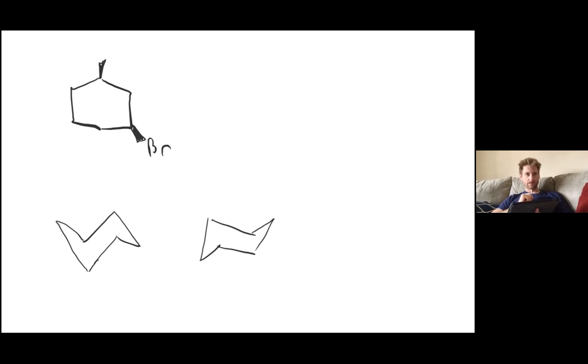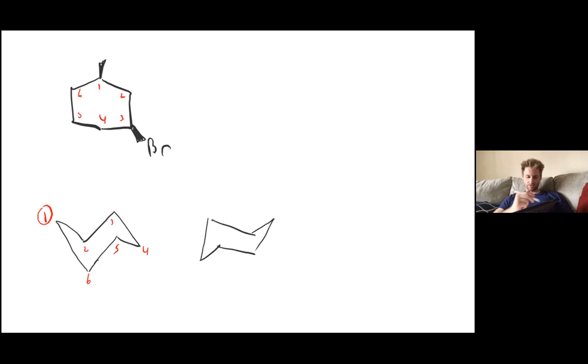It doesn't necessarily have to be based on naming convention or anything, but it's going to help you if you're consistent that way. So if I say this is 1, 2, 3, 4, 5, 6 here, if I make this carbon 1, we're going to follow around clockwise just like we did up there. 2, 3, 4, 5, and 6.